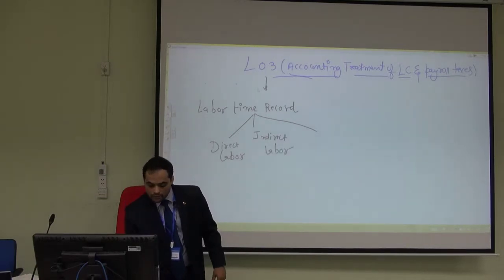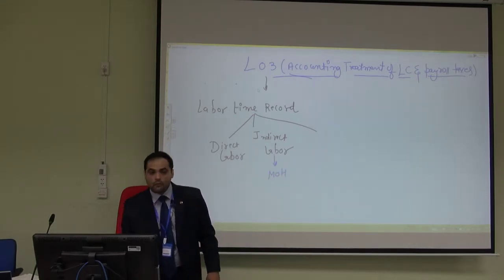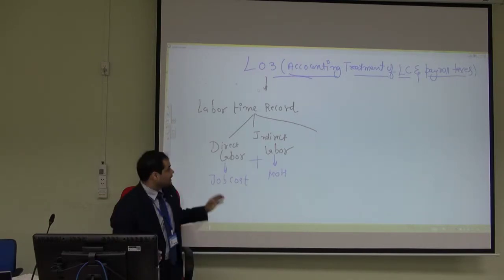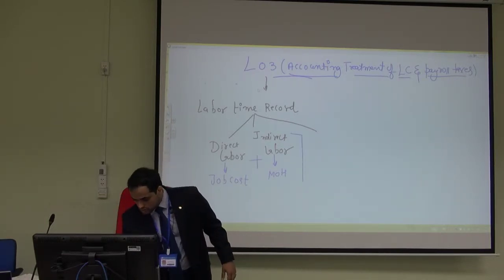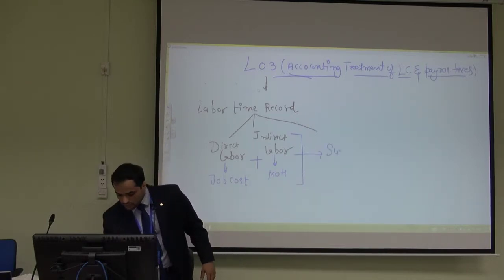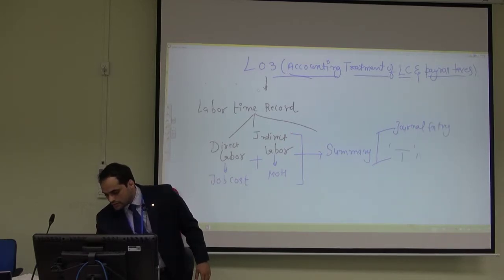Indirect labor will transfer to the manufacturing overhead, and direct labor is your job cost. So we got direct and indirect, and this is the summary. In this summary, we're going to have a journal entry and a T account.